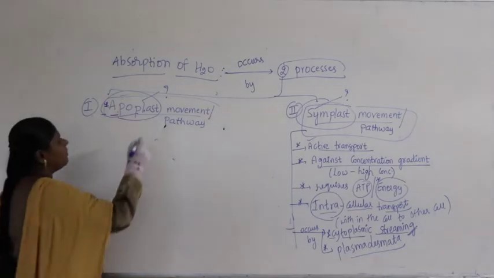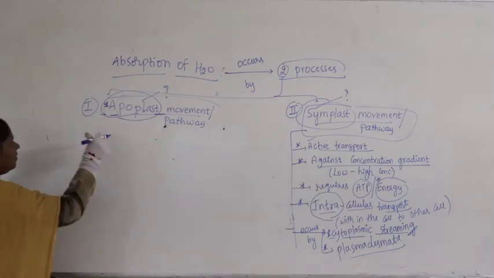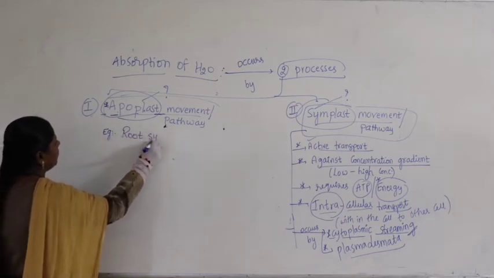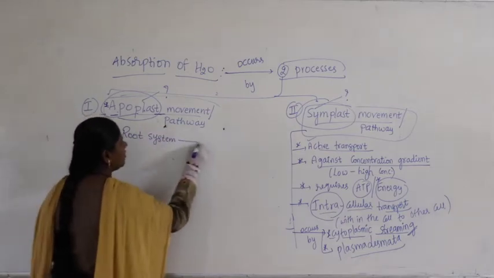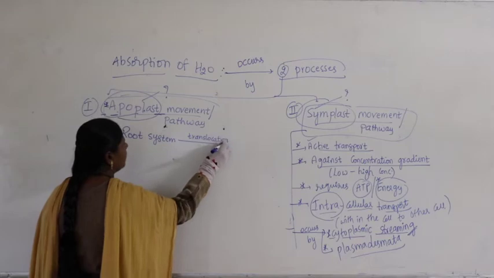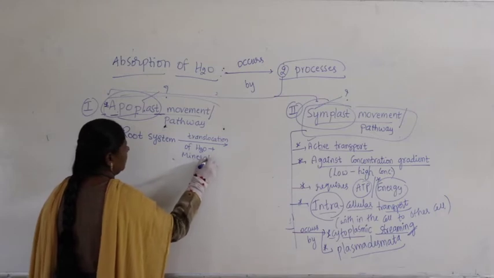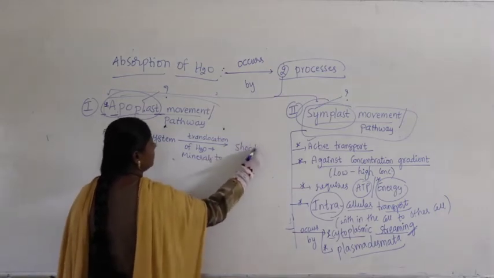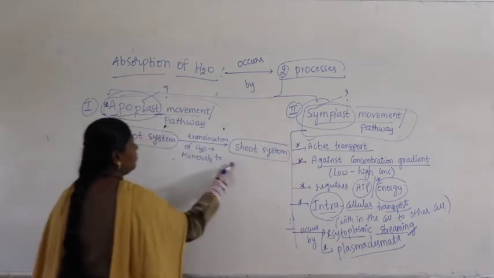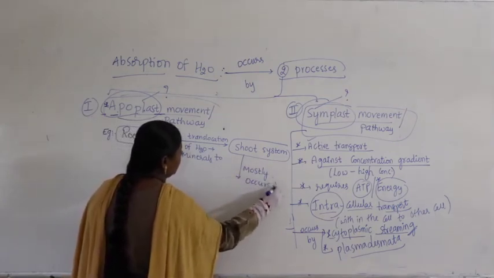So, what do we have to discuss here? Apoplast movement. Let us take the root system as an example. From the root system, the translocation of water and minerals to the shoot system mostly occurs by apoplast.